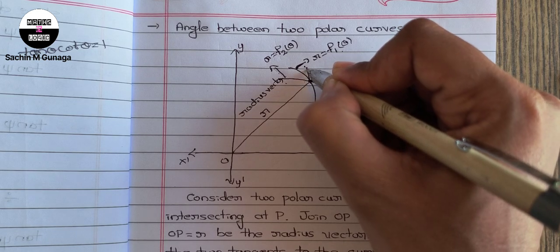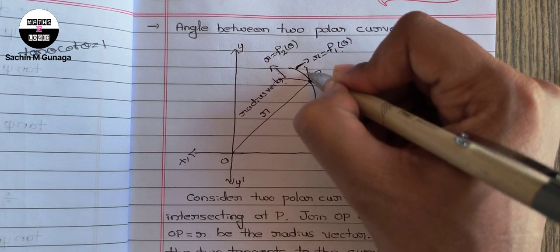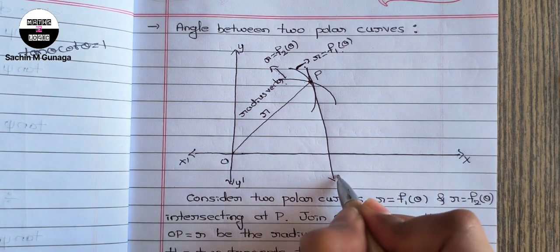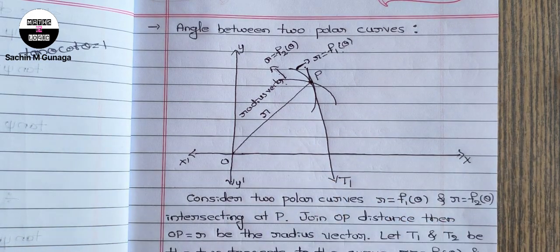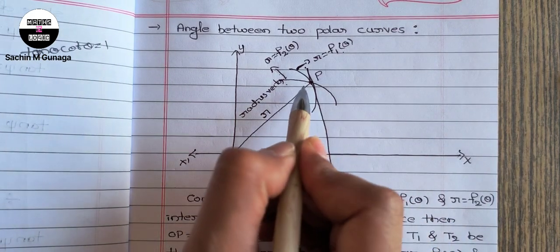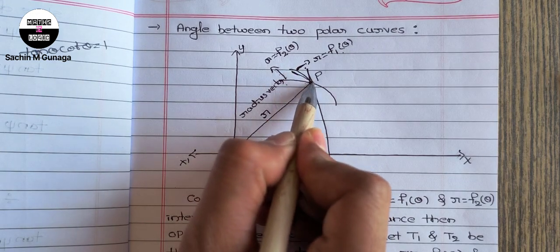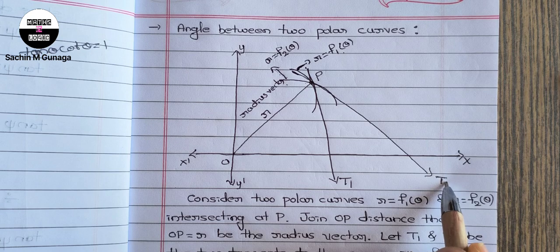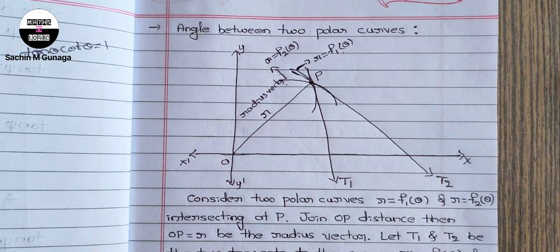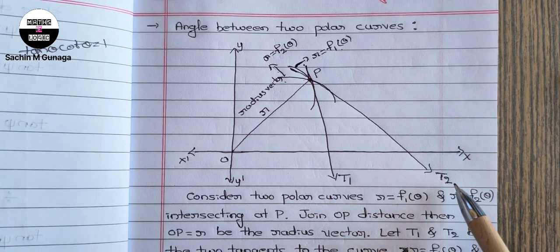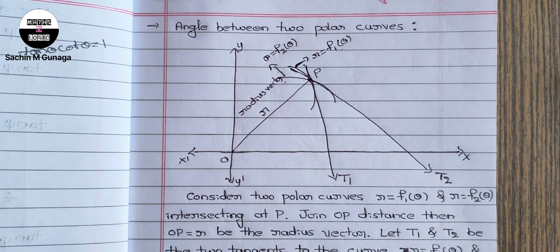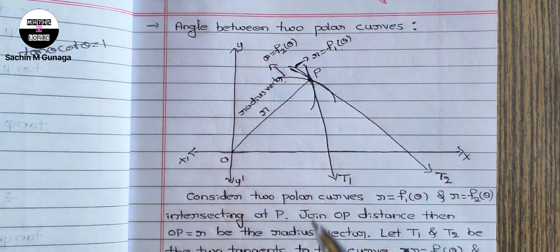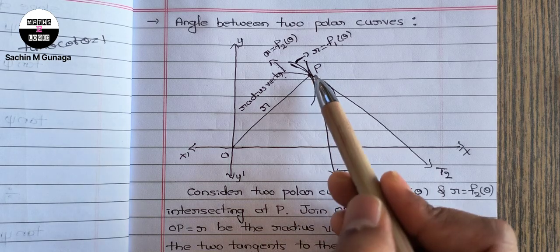So this is the first tangent line, which I am going to call T1, and next another tangent line, so this is T2. Okay, consider two tangent lines T1 and T2 to the curves r = f1(theta) and r = f2(theta) at the point P.